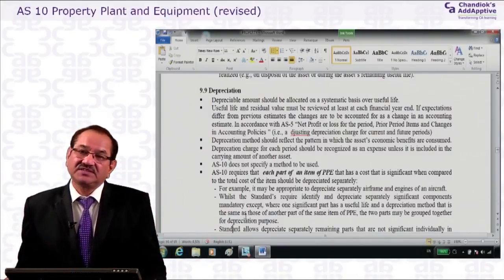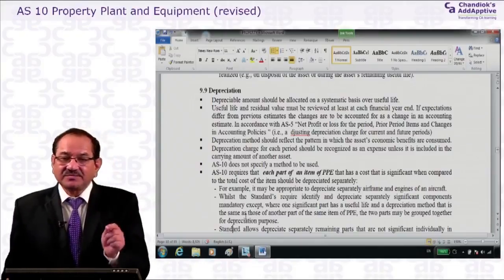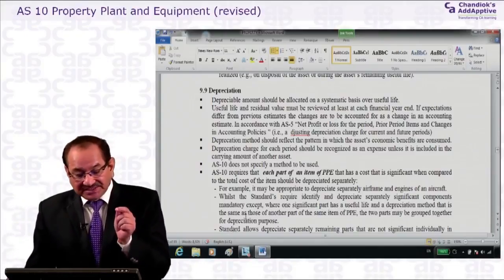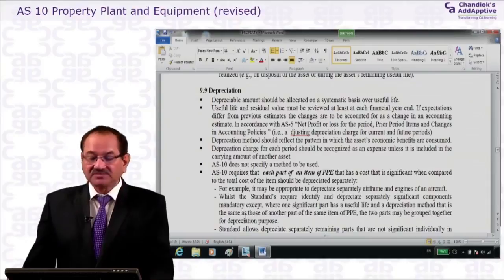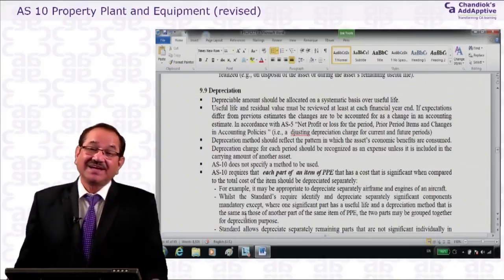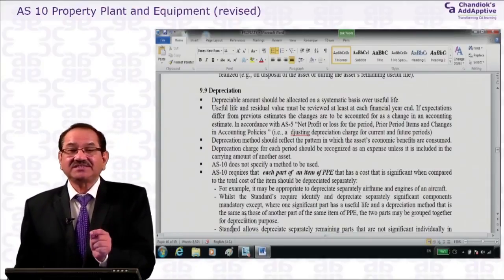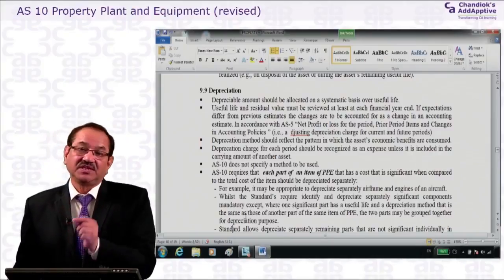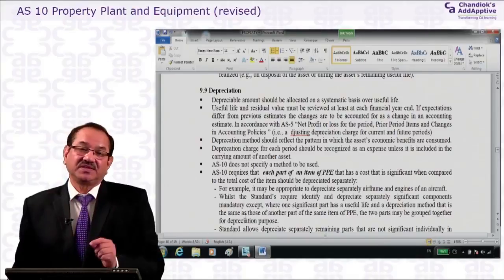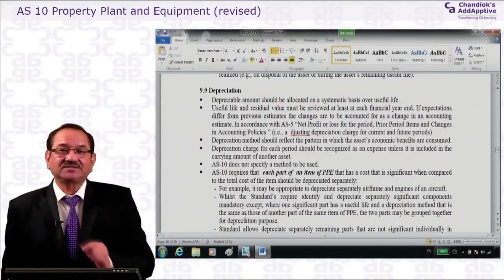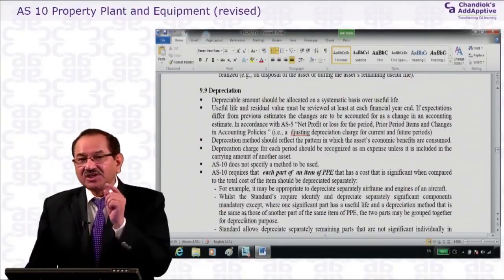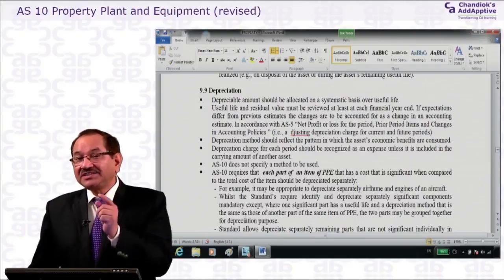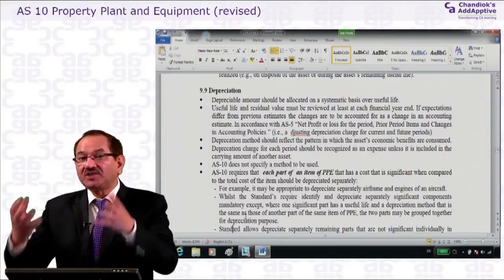It's not a matter of choice. It says that the depreciation method should be such that it reflects the pattern in which the asset's economic benefits are consumed. As I told you, depreciation is a charge for consumption of the future benefit. And if it is a charge for consumption of benefit, it should be charged in the same pattern as you are consuming the benefit.